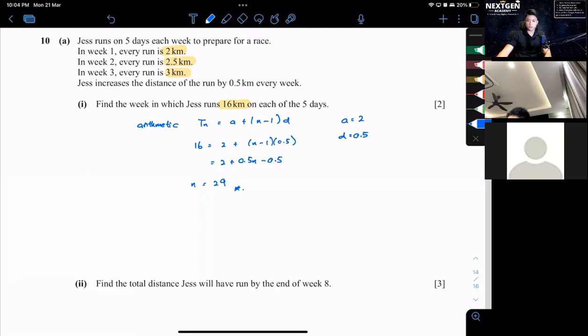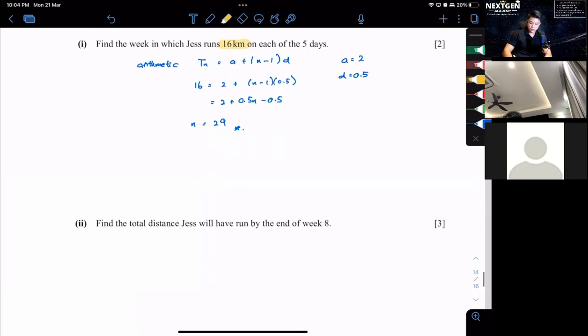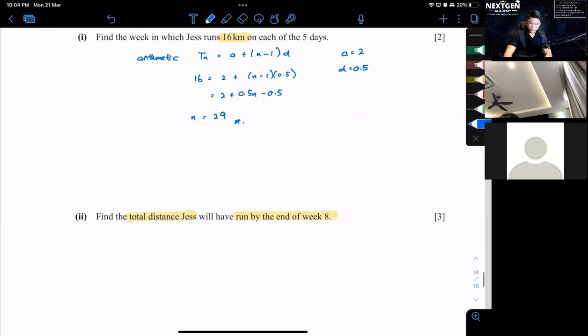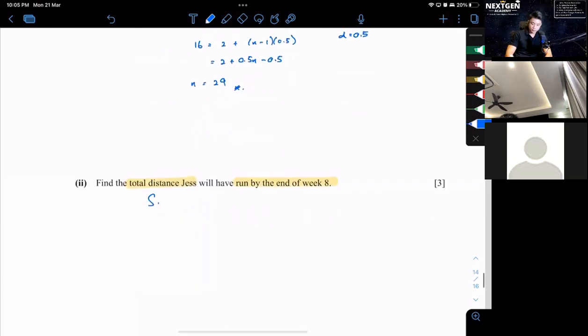Okay, next one. Find the total distance Jess will have run by the end of week 8. Okay, so we need to find the sum of 8 weeks. So you know what's the formula? n over 2 bracket 2a plus n minus 1 d. I'll just write it down just in case anyone is not so sure.